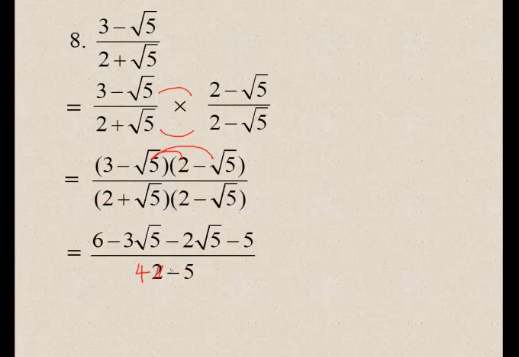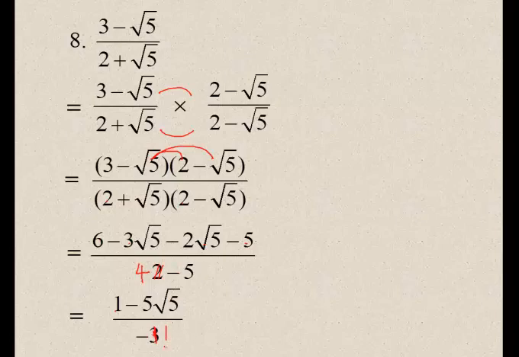And if I simplify this, guys, minus 3 root 5 minus 2 root 5 is like saying minus 3x minus 2x, which is minus 5x. And in this case, you'll find it becomes 6 minus 5 is equal to the 1. Minus 3 root 5 minus 2 root 5 is minus 5 root 5. And of course, the 4 minus the 5 is equal to minus 1.